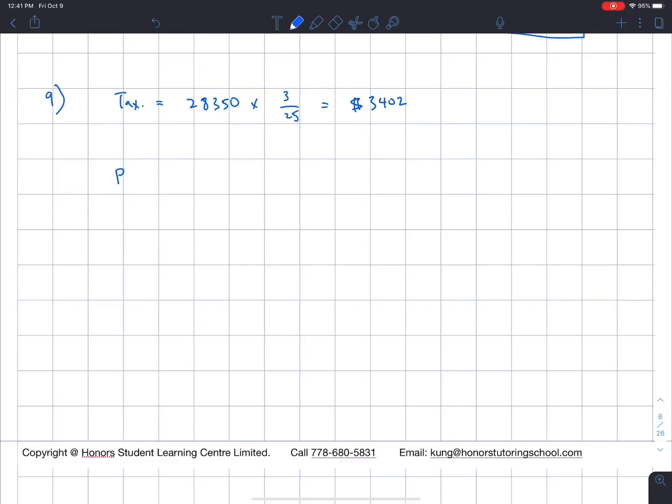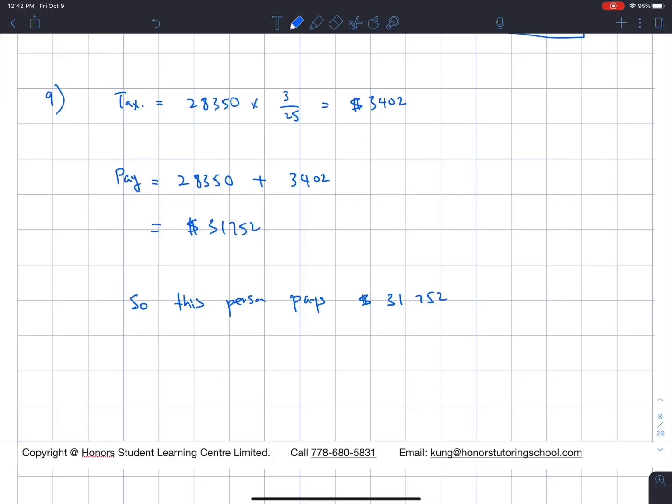So the total amount that we have to pay is going to be 28350, which is the cost of the car plus the taxes. And then I would just add that up on the calculator. And I get 31752. So this person pays $31,752 for this car.